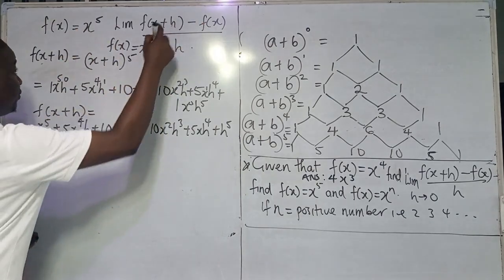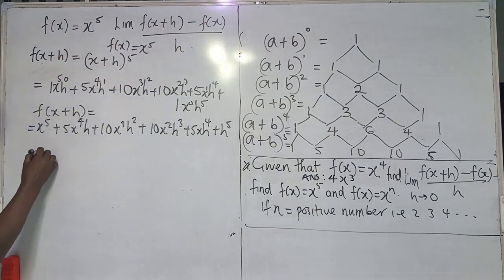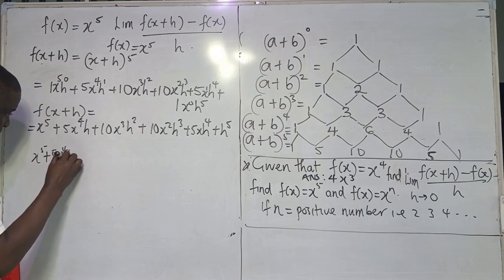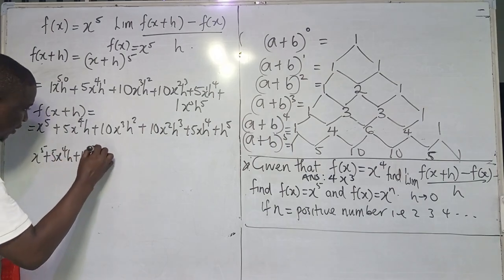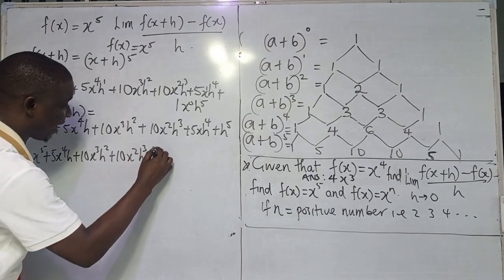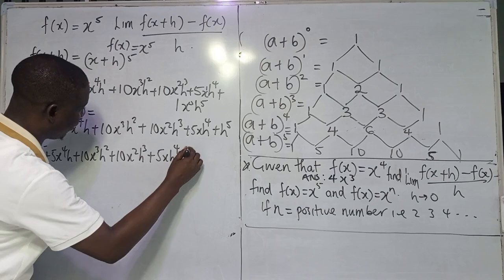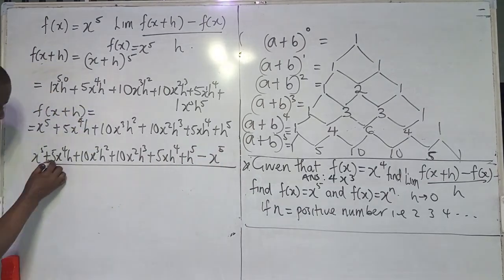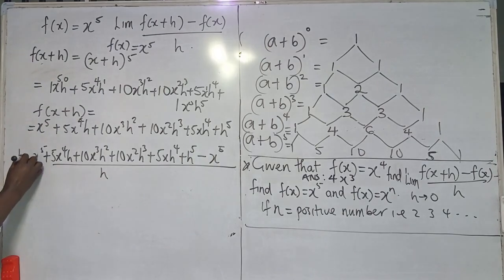Then you remove this one from this. So you are going to have x^5 plus 5x^4 h plus 10x cubed h squared plus 10x squared h cubed plus 5x h^4 plus h^5 minus x^5, all divided by h, limit as h tends to 0.